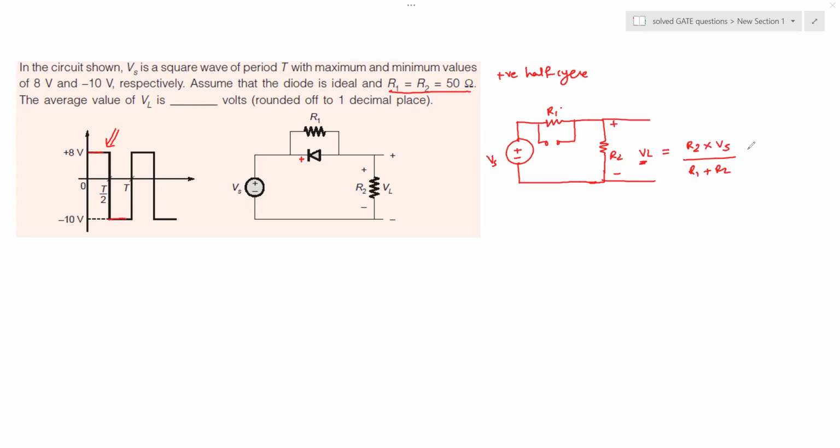So obviously, we know that it would be 50 multiplied by Vs divided by 50 plus 50. So this comes out to be Vs divided by 2. So the maximum voltage is +8 volt, and it has got 4 volt because Vs is 8 volts.